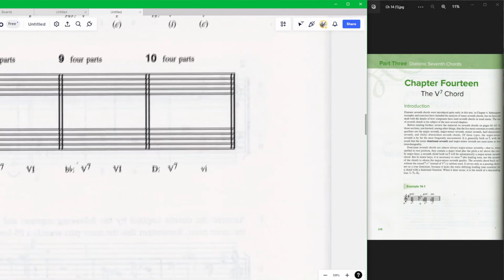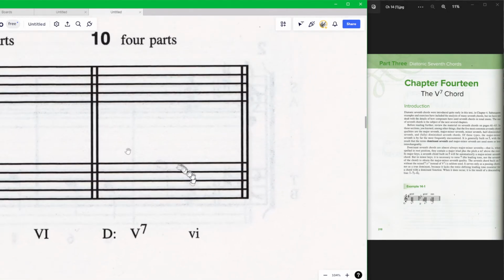Let's start in D major first. What's my key signature for D major? Two sharps, assuming this is treble clef and this is bass clef. F sharp, C sharp. Okay, so in D, what's the 5 chord?